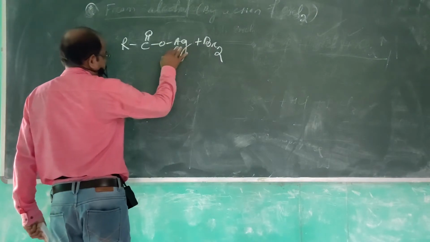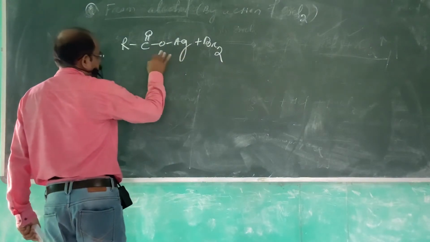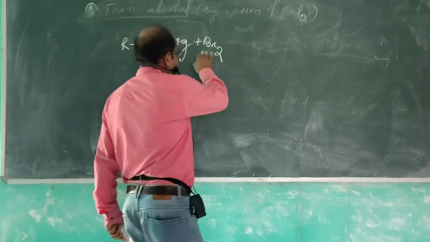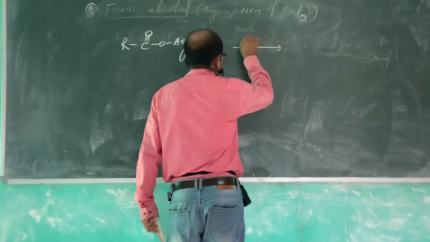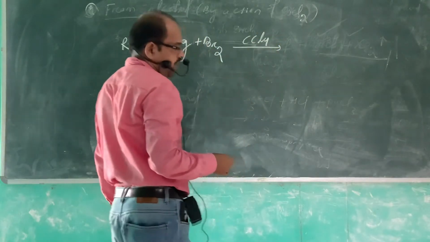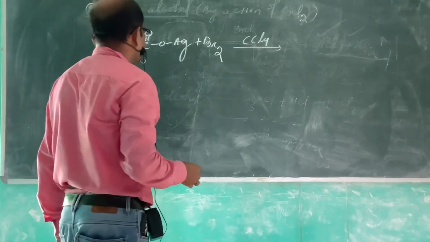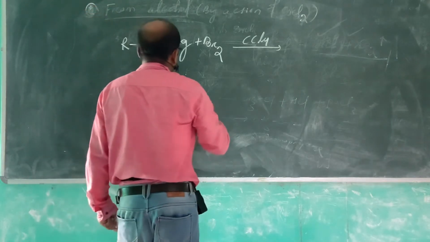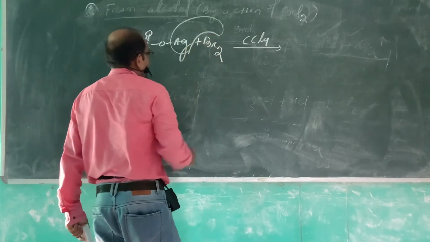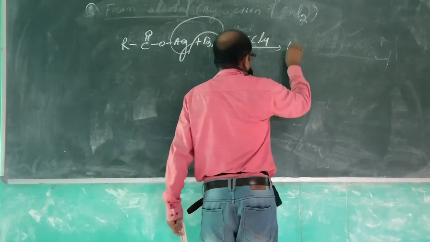RCOOAg, this is the formula for silver salt of carboxylic acid, plus bromine Br2 in presence of CCl4. CCl4 behaves as a solvent like water. Here silver combines with the bromine to produce silver bromide.